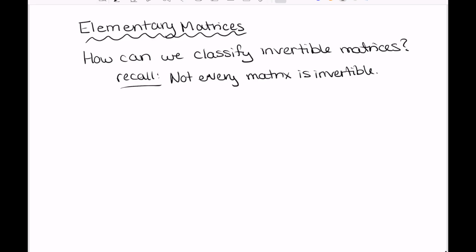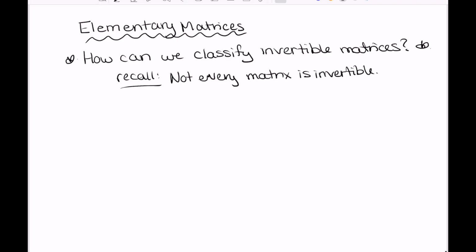Not every number is invertible. 5, for example, isn't invertible if we consider only the system of whole numbers. In fact, no whole number other than 1 is invertible under that set. So some matrices are going to have inverses, that is, they're invertible, and some will not be.